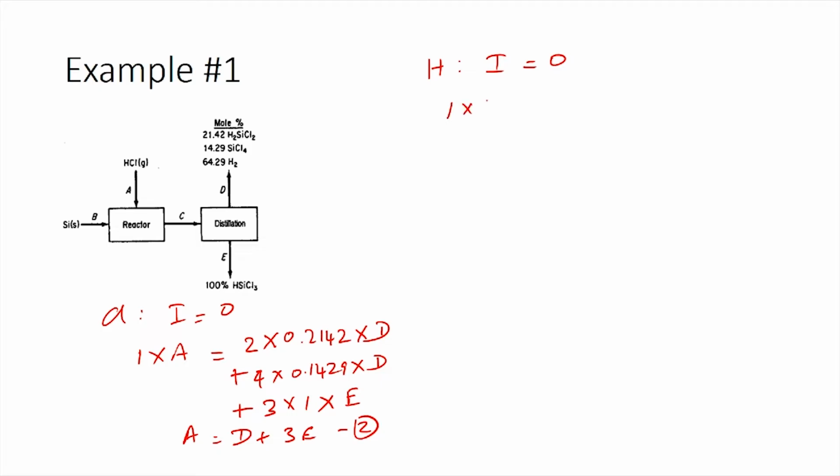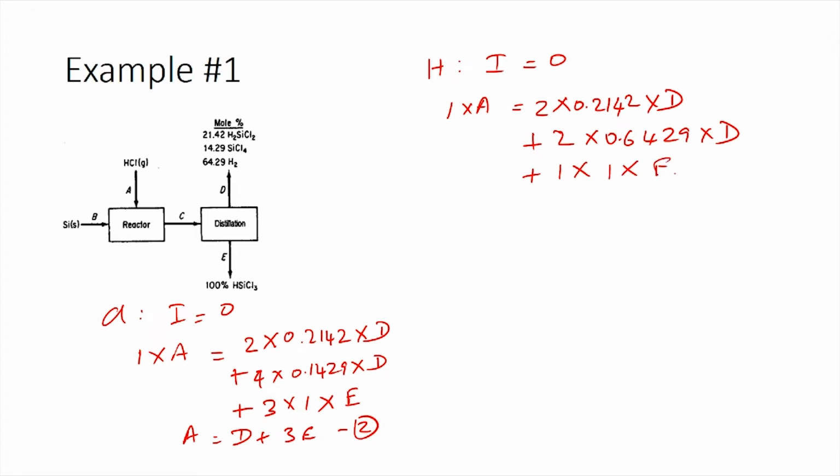Input for hydrogen would be 1 times A equals 2 times 0.2142 times D plus 2 times 0.6429 times D plus 1 times E. So, this equation can be simplified as A equals 1.7142 D plus E. So, this would be equation number 3.